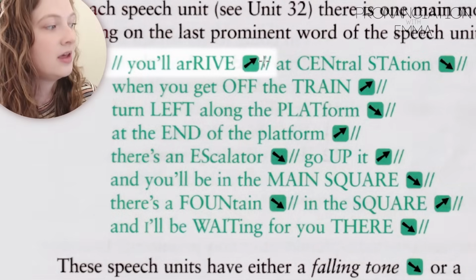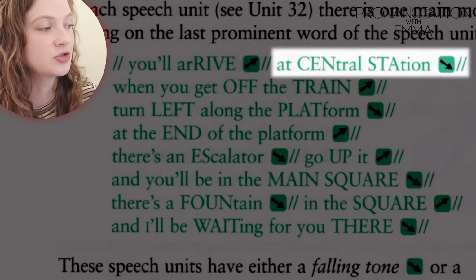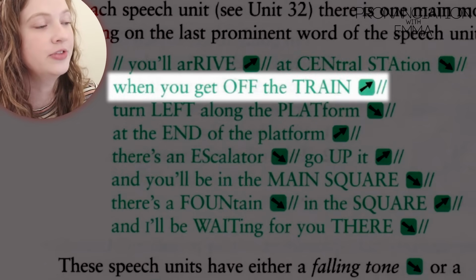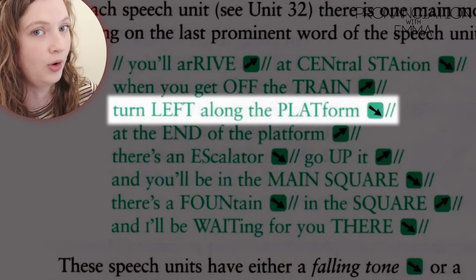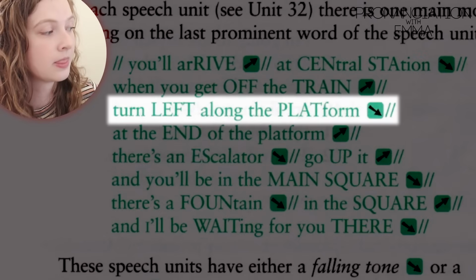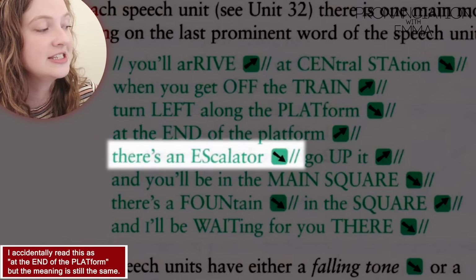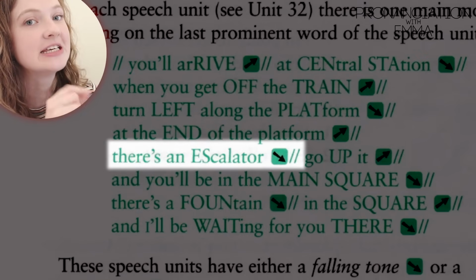Let's go. You'll arrive at Central Station. When you get off the train, turn left along the platform. At the end of the platform, there's an escalator. Watch out for that word.